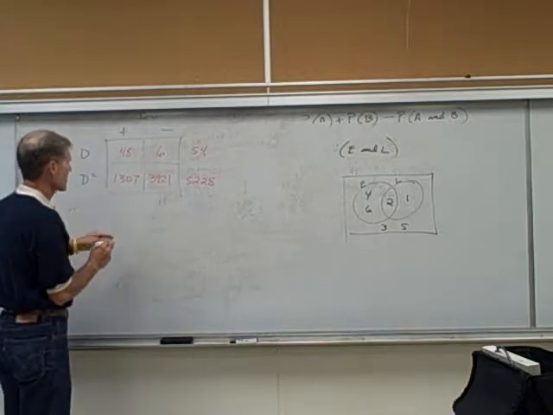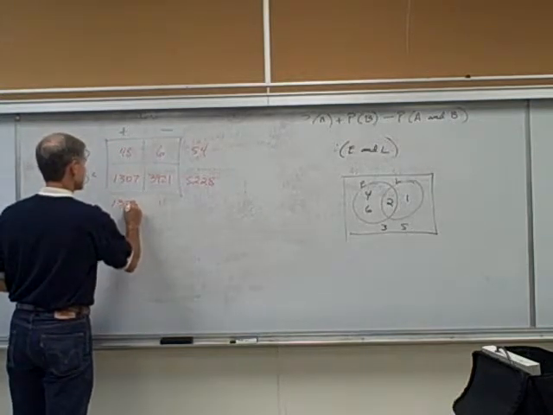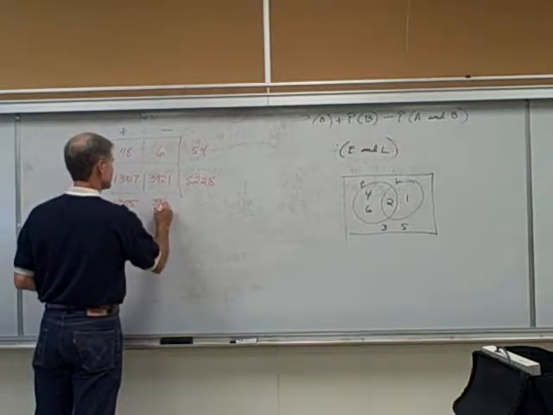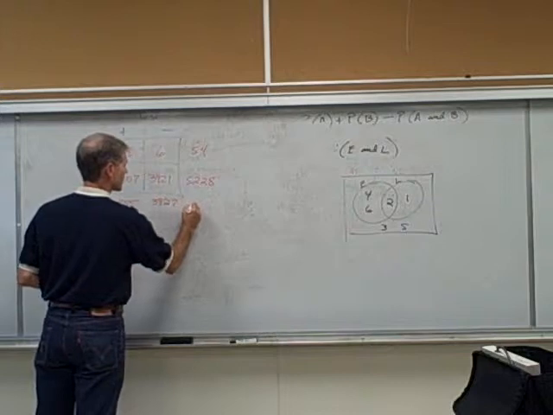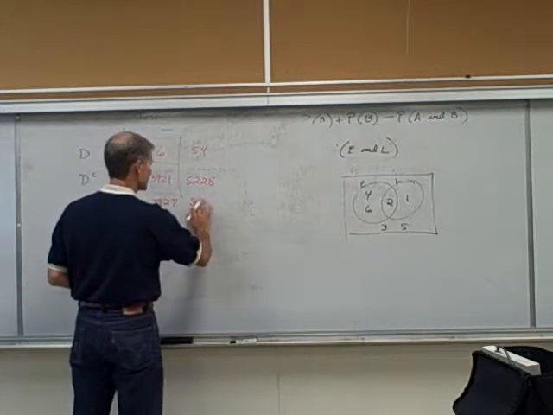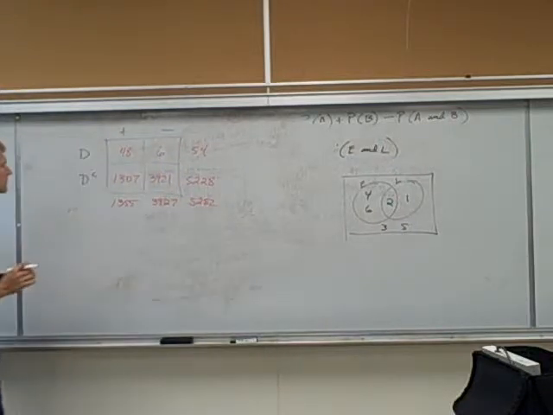Then if I sum the columns, we get 1355 and 3927. And that gives me a grand total of 5282. Okay?